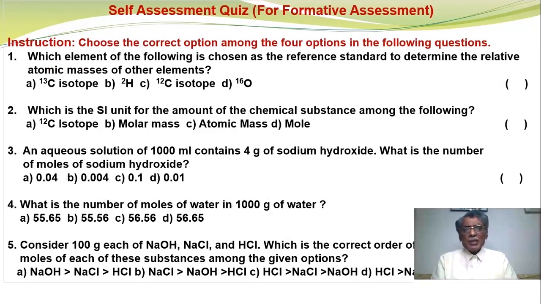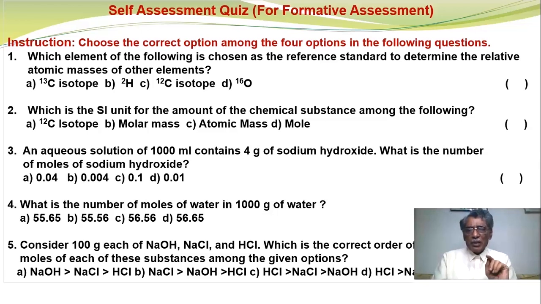Now the self-assessment quiz, that is for formative assessment. Choose the correct option among the 4 options in the following questions. Question 1. Which element of the following is chosen as the reference standard to determine the relative atomic masses of other elements? Option A, C13 isotope.